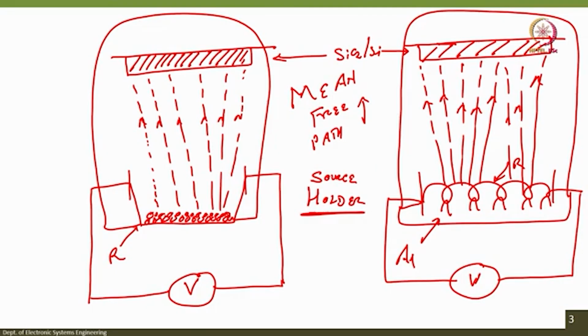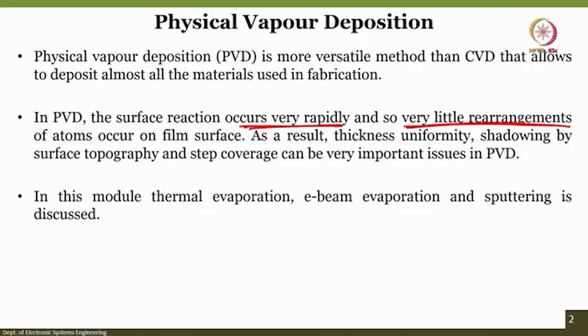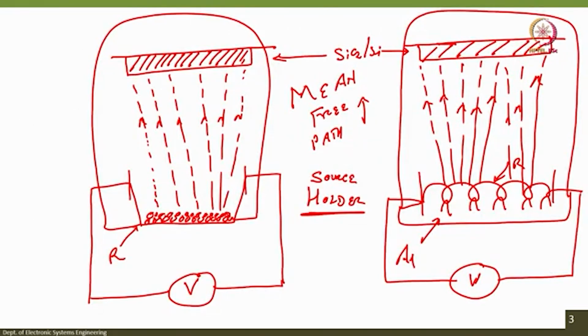So, now what we were learning here is that this material, the source material, in this case we have taken aluminum as a material, right, aluminum. When it melts and evaporates, it evaporates so rapidly that the layer that forms here, let us say this is a thin layer, forms so fast that very little time for rearrangement of the atoms occurs, right.